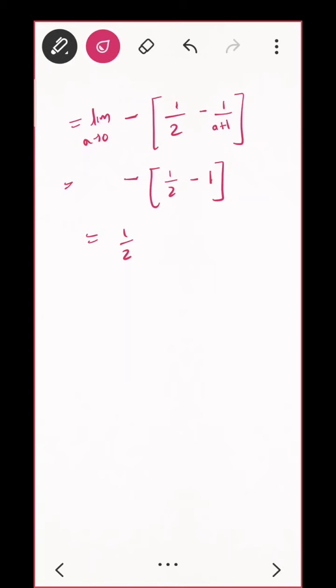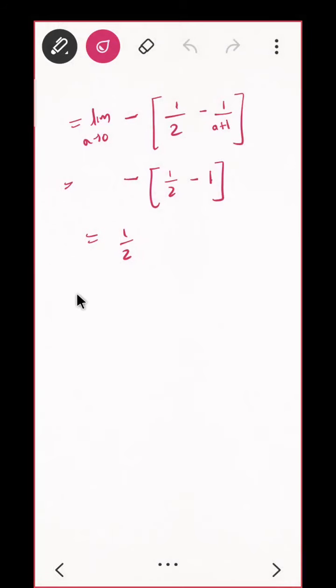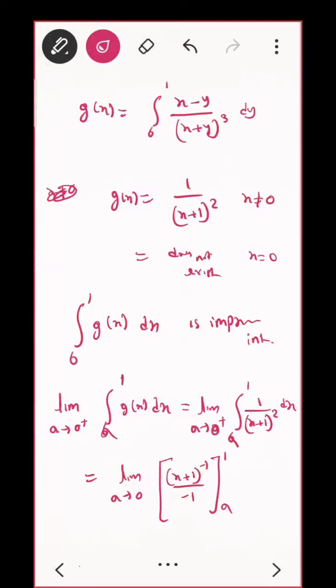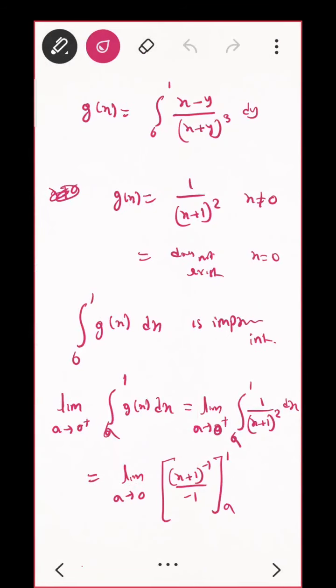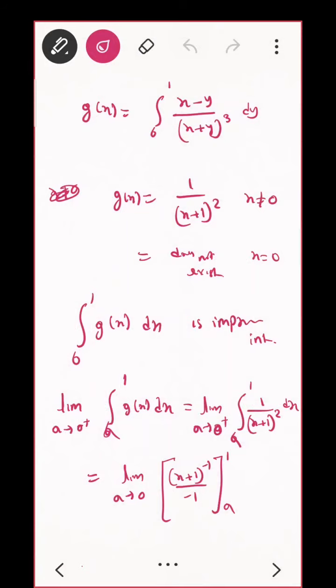So what did we get? The limit exists, that is true from here. We get integration 0 to 1 g of x dx equal to 1 by 2. But what is your g of x? Can you see that on the top?